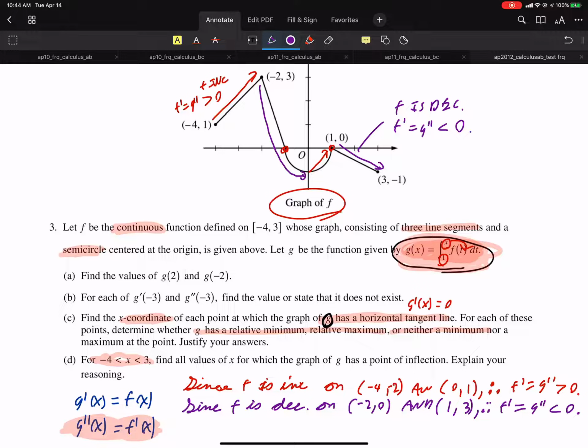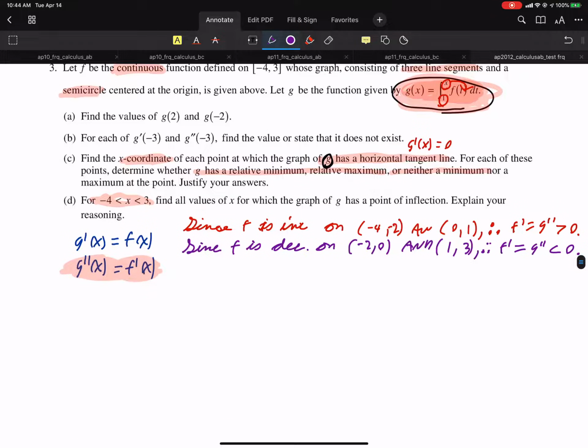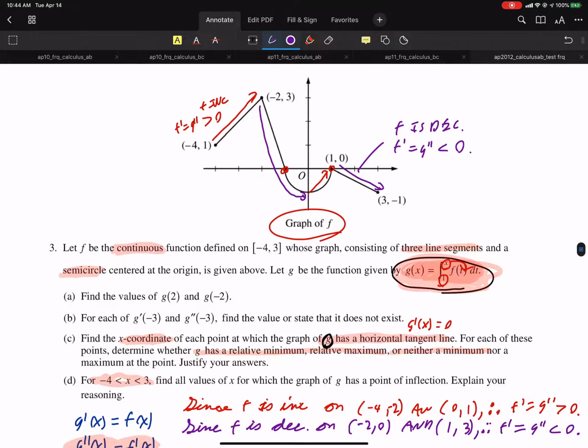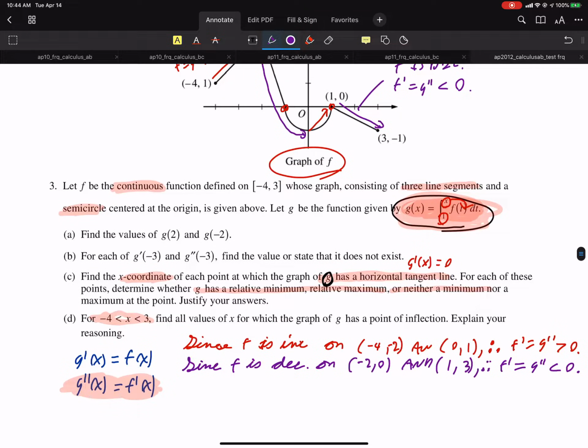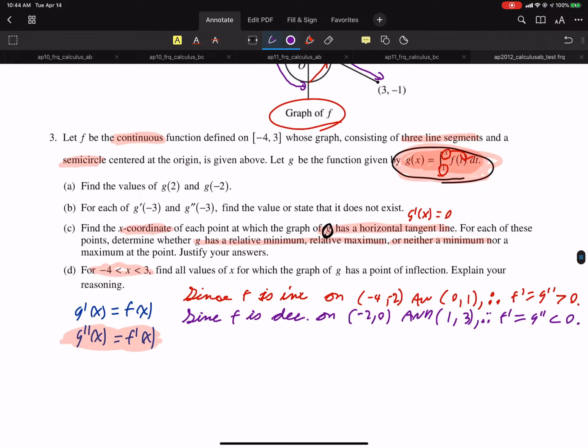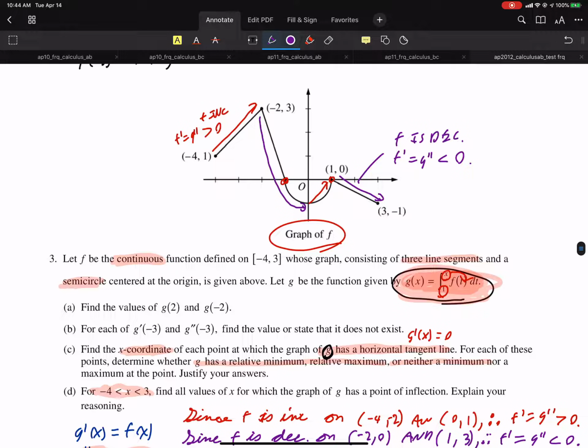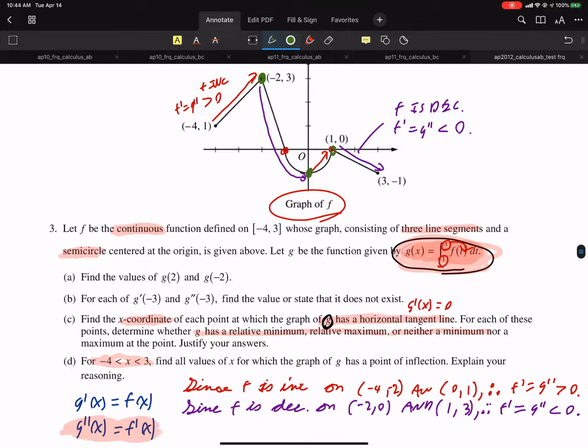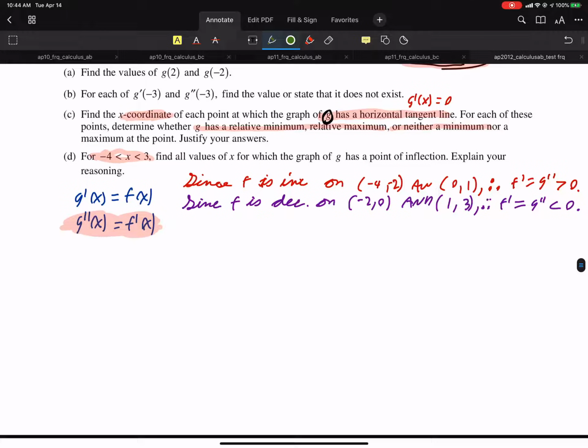So now we know where G double prime is negative and where it's positive. And we see that it changes signs in three places, and I'll show you. Here, here, and here. You can just look at these intervals. So it changes signs at -2, at 0, and at 1.